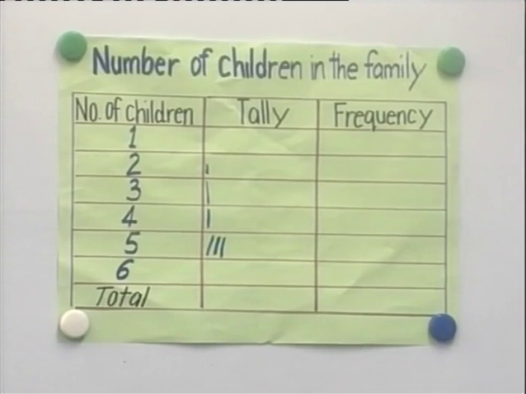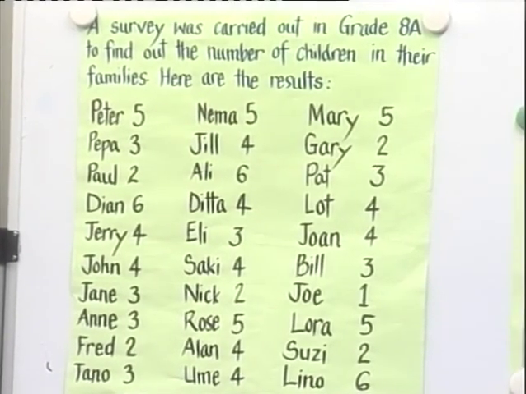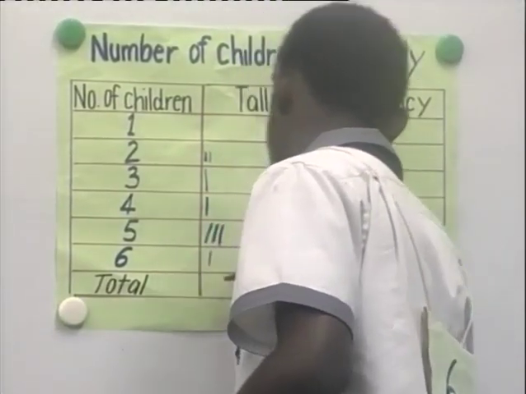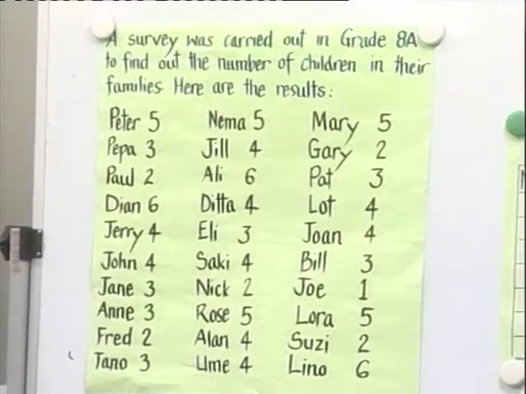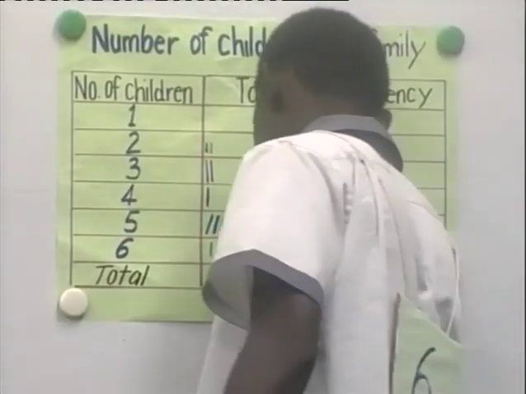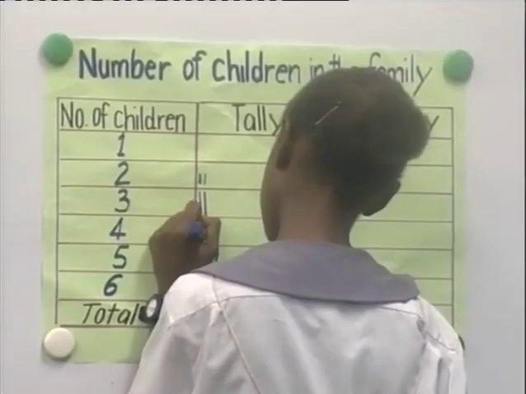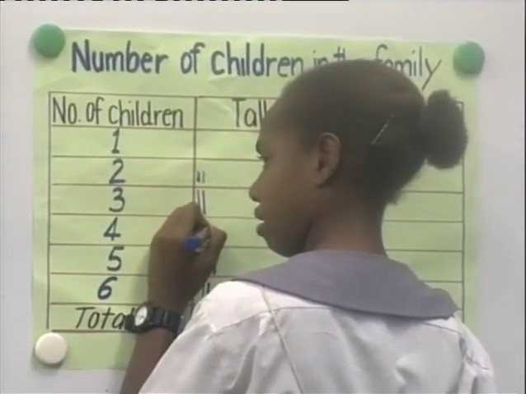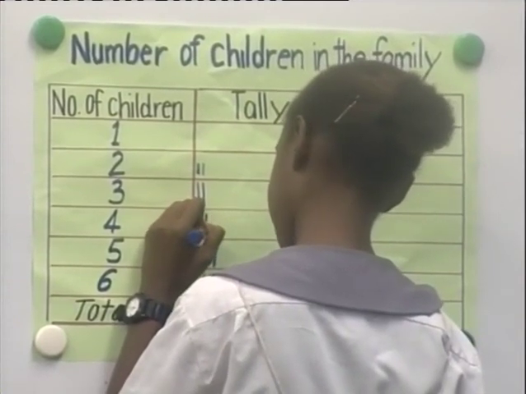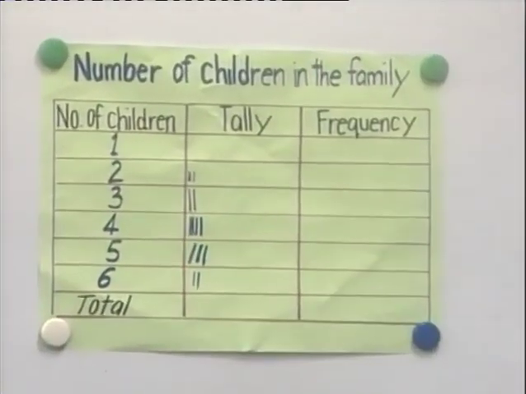Paul 2. Ali 6. Pet 3. DN 6. Dita 4. Lot 4. That's okay. Jerry 4. Ellie 3.